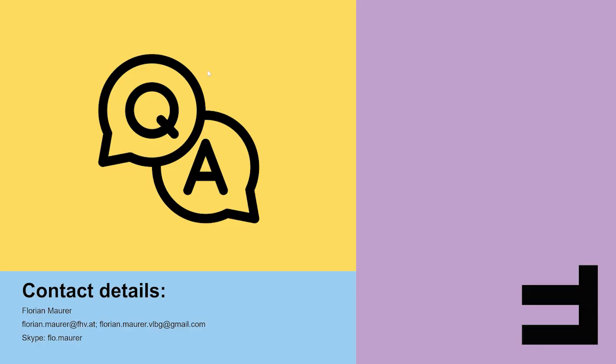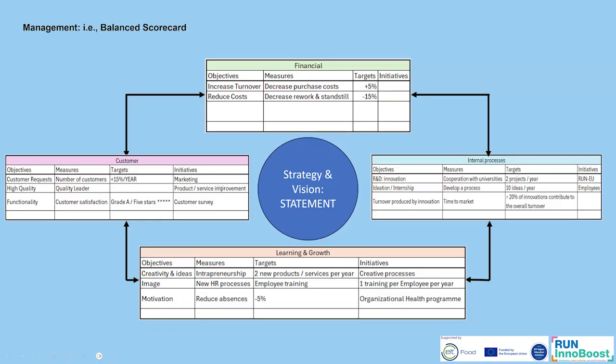Is that a public or a private university? Oh, you mean this example? It's not defined. It's just randomly chosen examples just to give a demonstration of how the balanced scorecard is working.